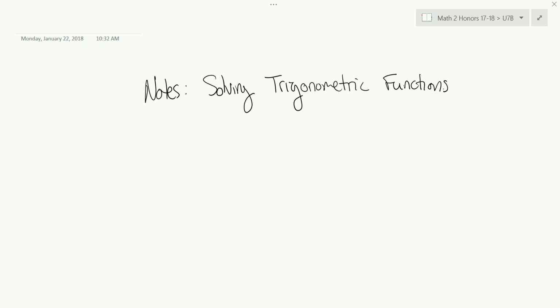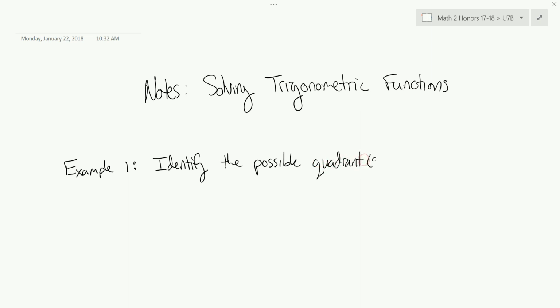So, example one: identify the possible quadrant or quadrants in which the terminating ray for theta could lie.